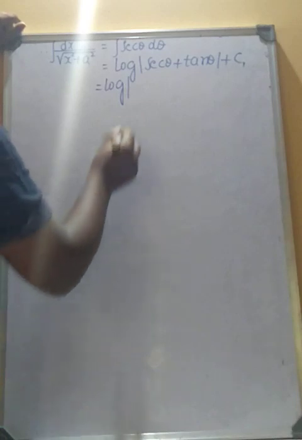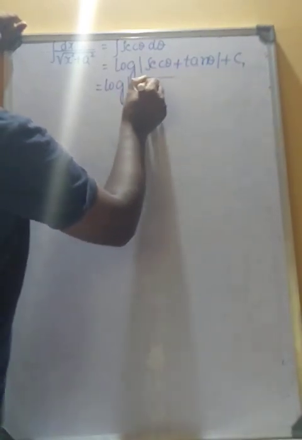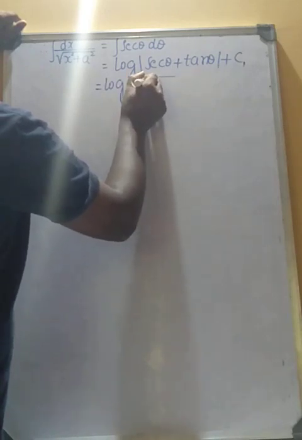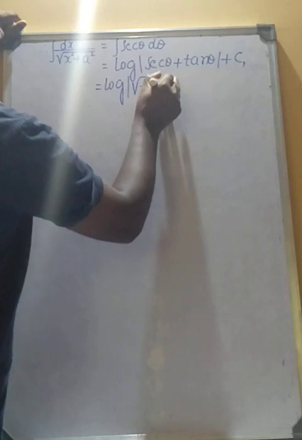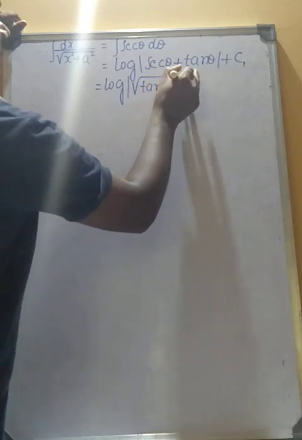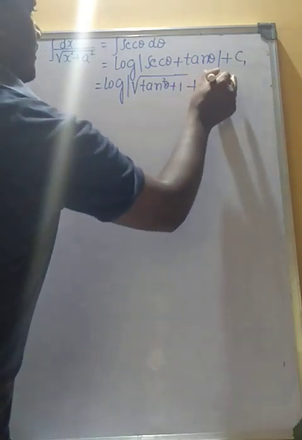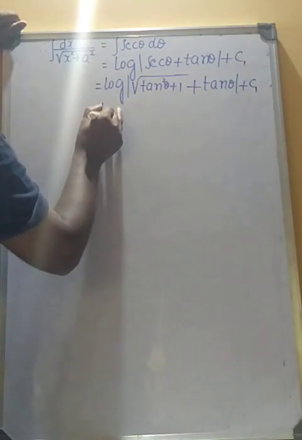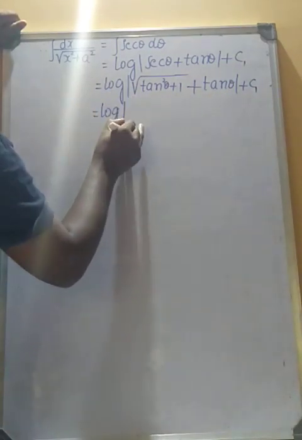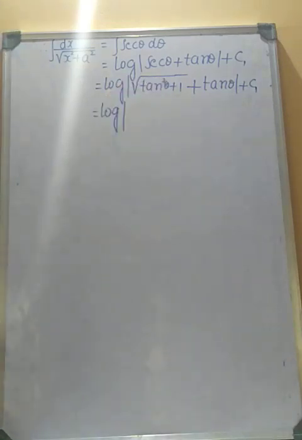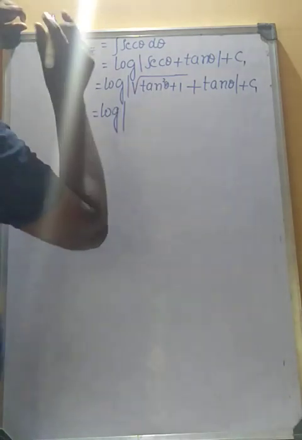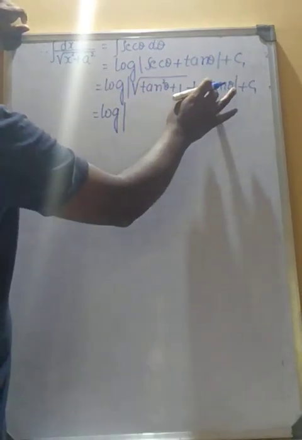Secant theta formula is root of 1 plus tan square theta, or tan square theta plus 1, that is the formula, plus tan theta plus C1. You know x is equal to a tan theta, then tan theta is equal to x by a.